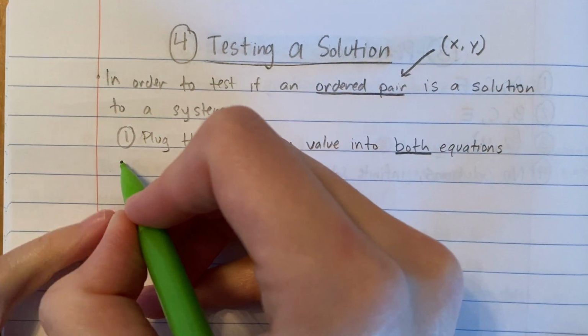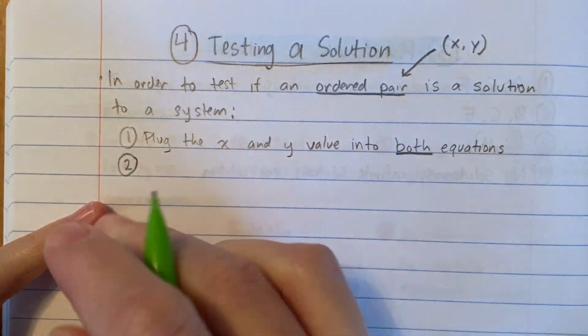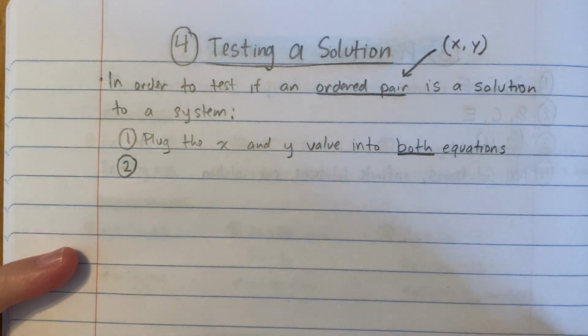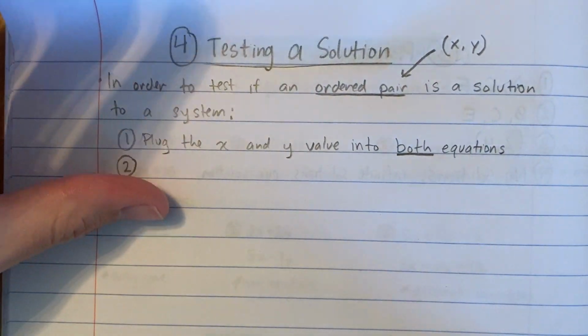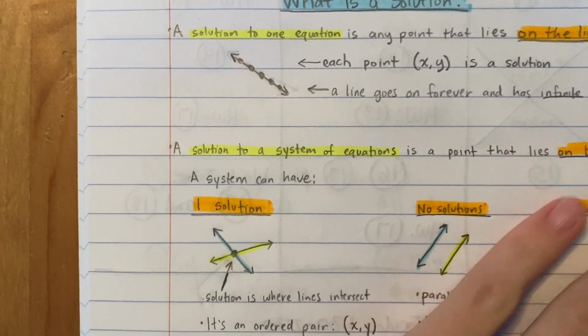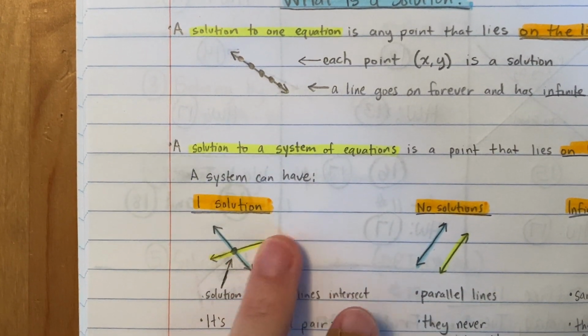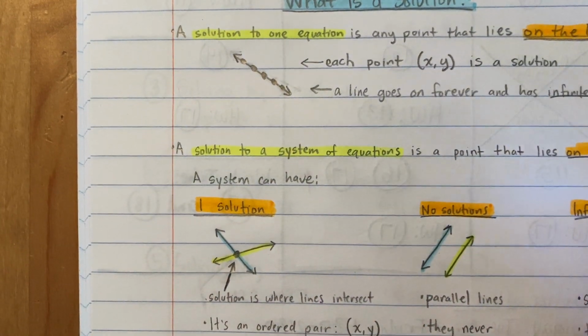The reason we have to plug it into both is because it could be a solution to one equation and not the other, in which case it's not a solution to the system. Because a solution to a system has to be on both lines. So that means it's going to plug in correctly into both equations.